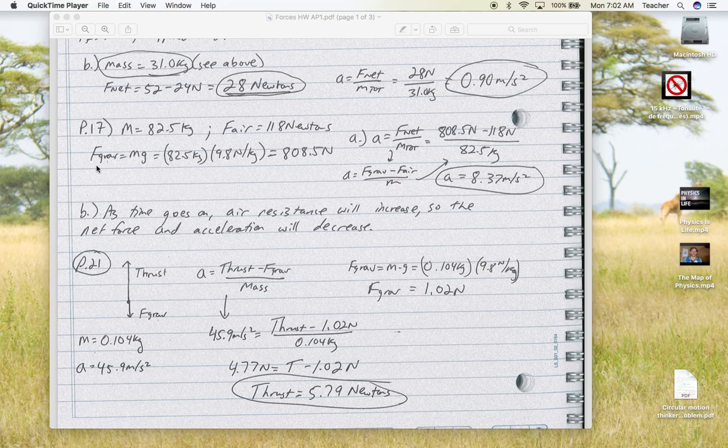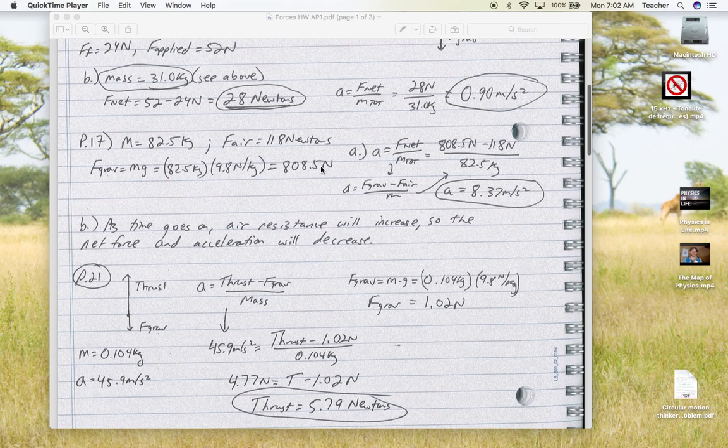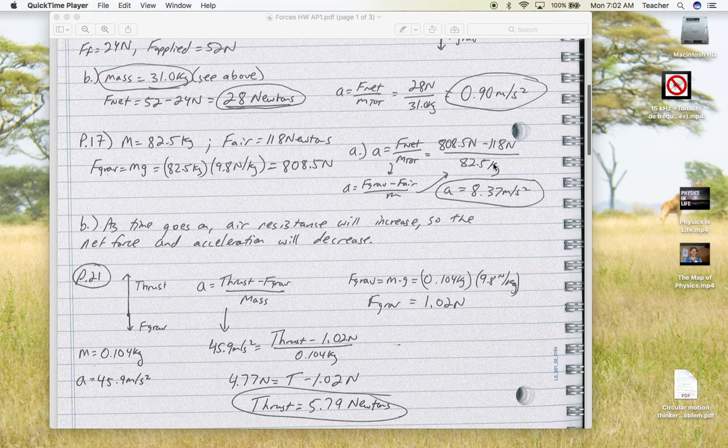So again, find out the weight, which is the same as the gravitational force, m times g, 808.5 newtons. So in this case, the net force is gravitational force minus the force of the air, since they're acting in different directions. Probably should have drawn a free body diagram for that also, and divided by the mass. So 808.5 minus 118 over 82.5.